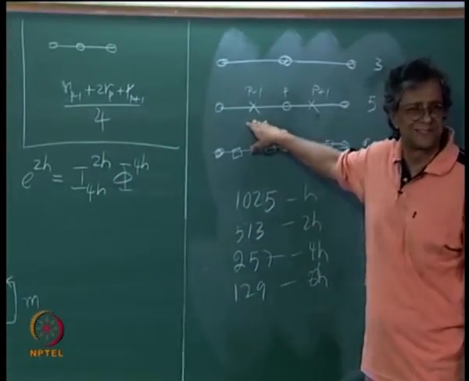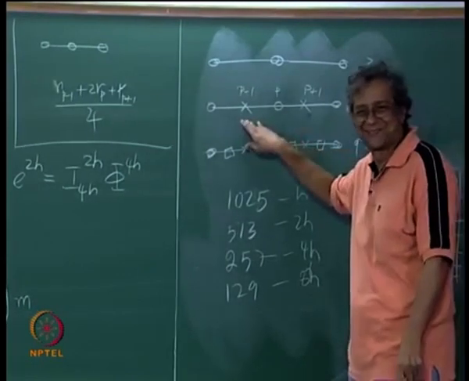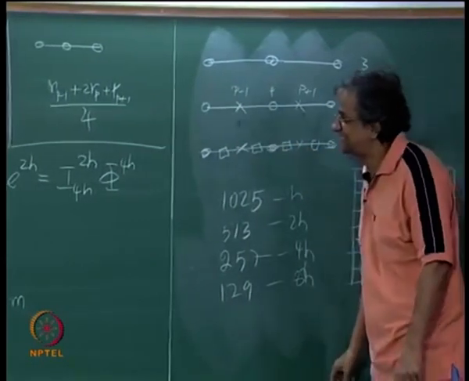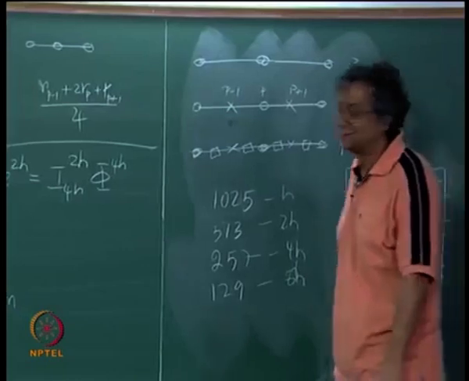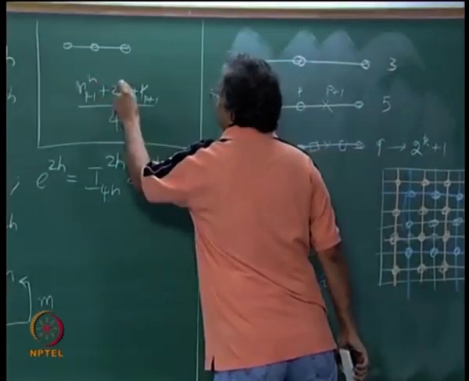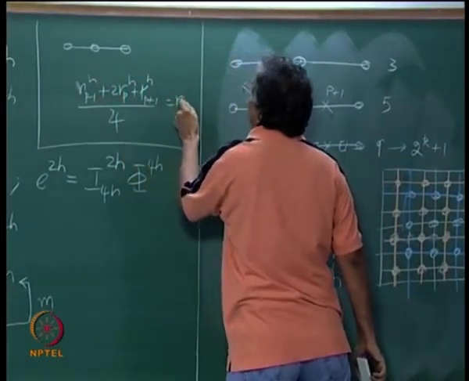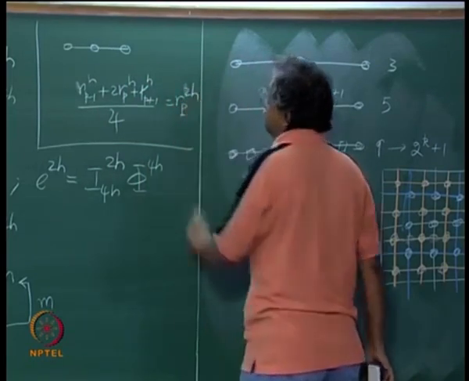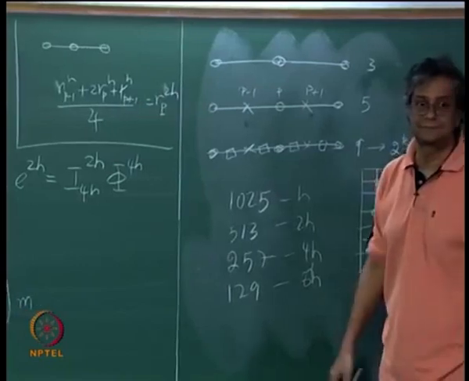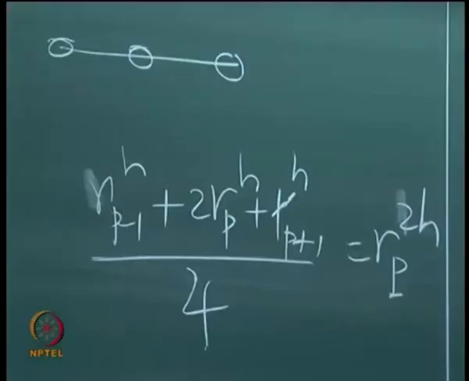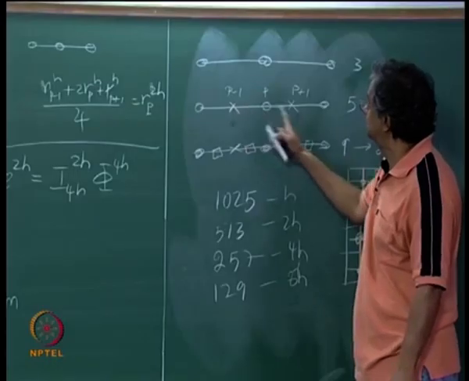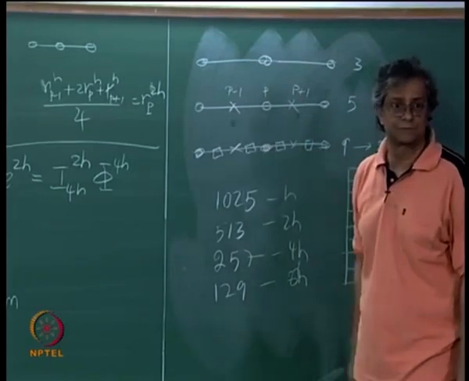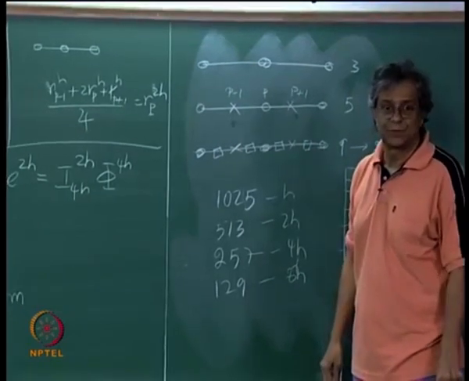Looks very suspiciously like Laplacian smoothing, right. These are all at h, and this will be r p at 2h. The value here would be twice this plus each of those, divided by 4. Okay.